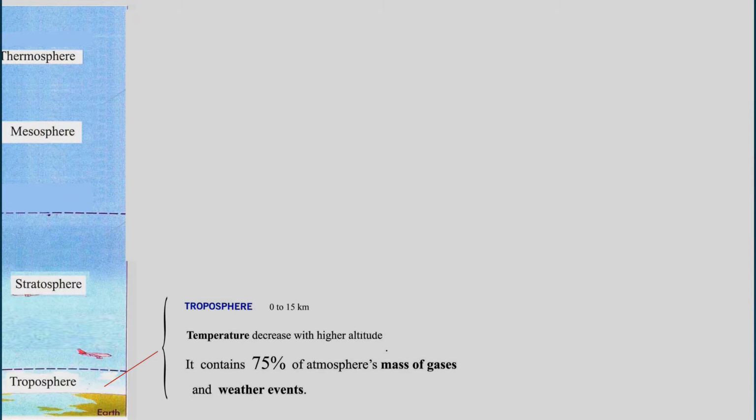If you're riding on an airplane, sometimes you see the rain underneath, in the troposphere. The rain doesn't go up, but once you go up, it's pretty quiet. All the rain, wind, and thunderstorms are happening in the troposphere.